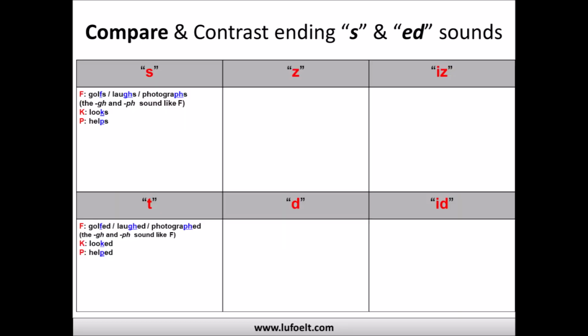Okay, so let's first compare the ending sounds of verbs with s at the end and verbs with ed at the end. So these are all the similarities. Okay, so for the pronunciation of verbs that end with f sound, k sound, or p sound, for the present tense, when we conjugate those, we just say s at the end.